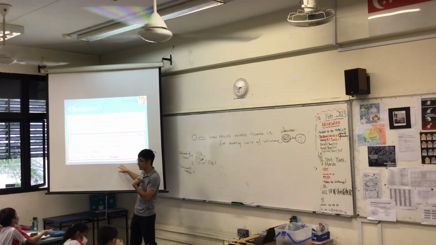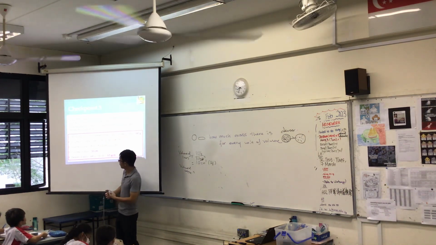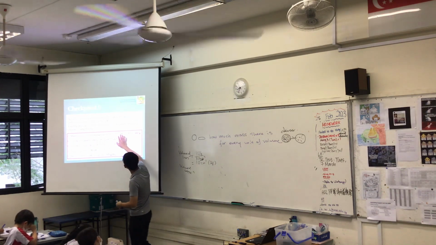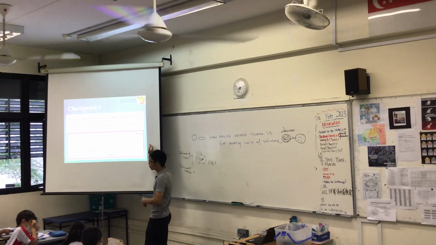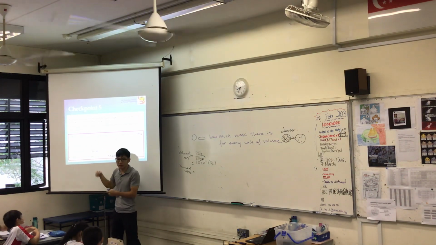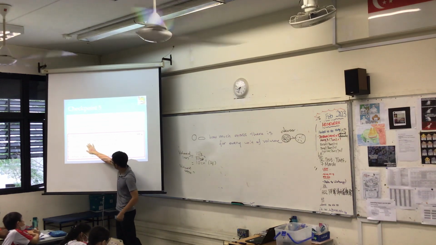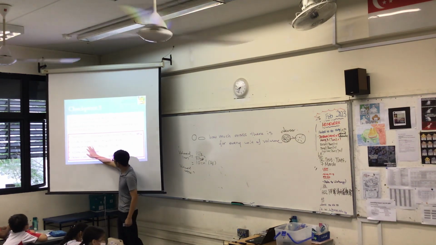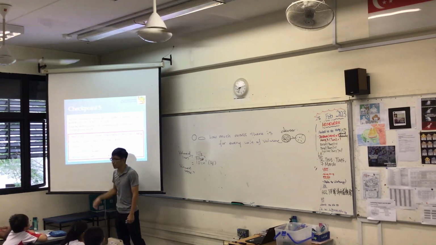From now onwards in science, tell the teacher what each working you are doing is for. For example, mass of the alloy equals 360 plus 80. Short form also can, but you just need to let the teacher know what you are doing. Next, volume of copper equals this divided by this and get this. Volume of iron, this divided by this and get this. So you need to define what you are doing at every step.